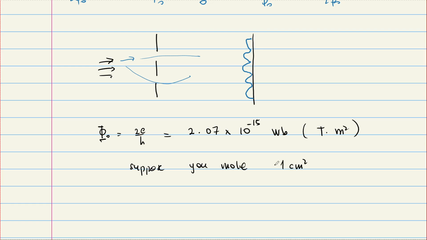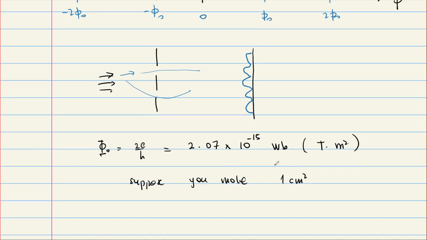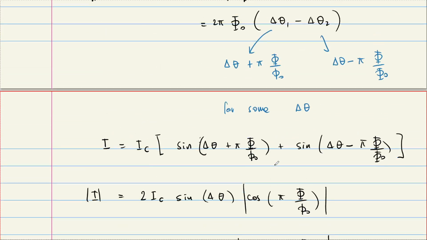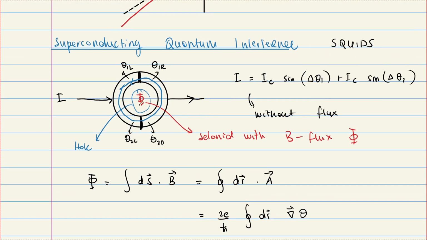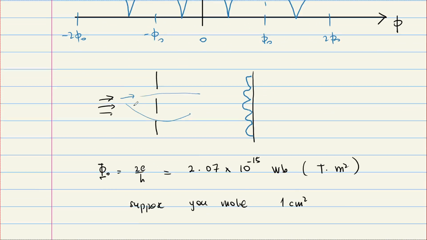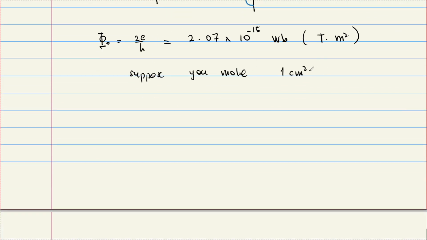I think they can even make these things millimeter size, right? What they do is they have nanofabrication, etching, and some kind of photoresist, whatever they do. They can make them at a sub-micron scale, very, very small. But suppose we can make this 1 centimeter squared, which is 10 to the minus 4 meters squared.